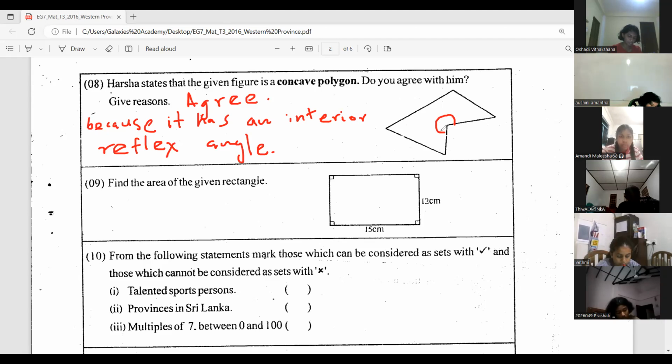Right, if it has at least one interior reflex angle, we call it a concave polygon.